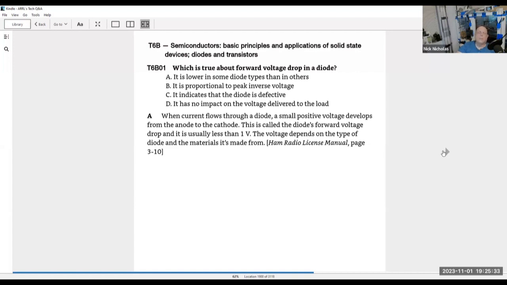If you want to drop a voltage at 7/10 of a volt, you put a silicon diode in its path. If you want it to drop another 7/10 of a volt, you put another one. It's a constant voltage drop for every diode in there. It's a trick sometimes used to reduce voltages fairly efficiently, I might add.